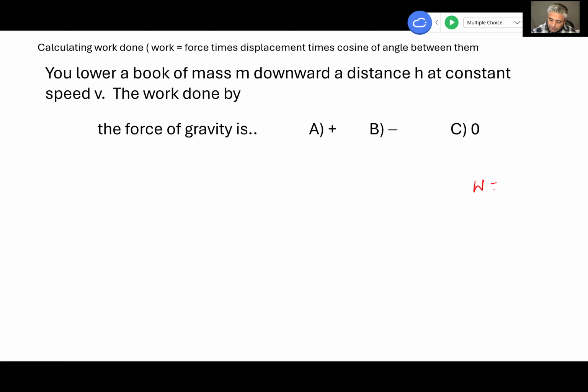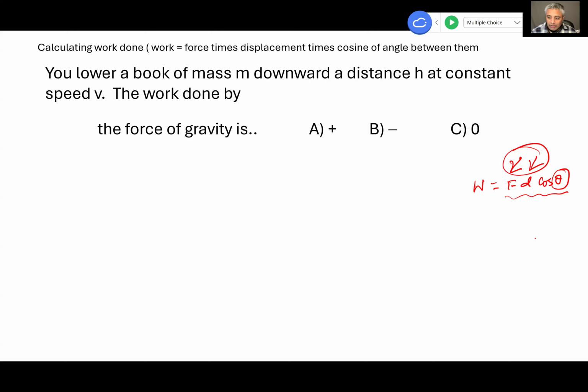Remember, work done formula is F D cosine theta. That's the general formula. So you need to identify what force, what's the direction of displacement. And then if you draw them, that's going to give you the angle, and that way you can use that.